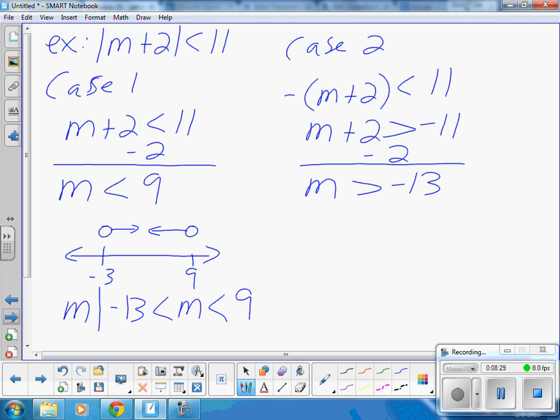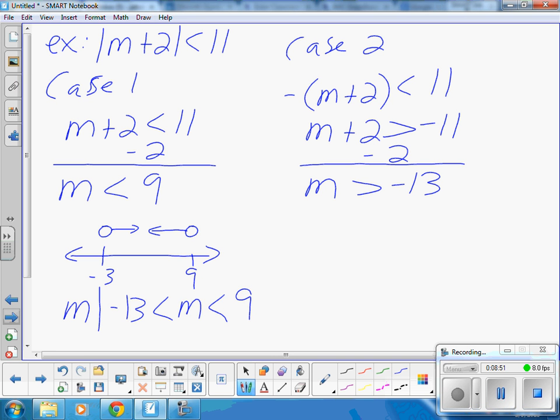It needs to be in between those values. If it was greater than, then we'd have a different situation. But it's less than 11, so we have to get values that are less than 11.